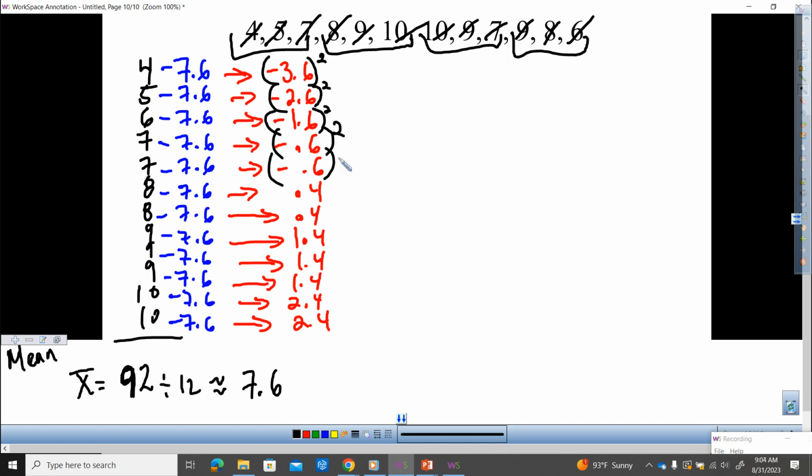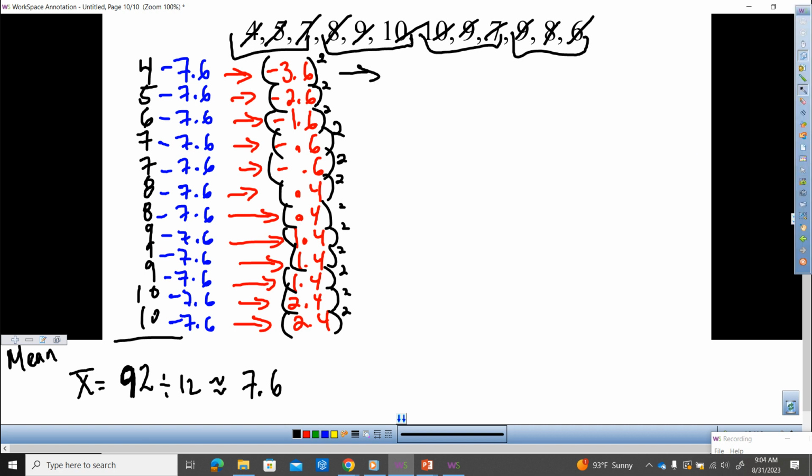So calculators, do your calculating. Negative 3.6 squared. What'd you get for negative 3.6 squared, Drew?